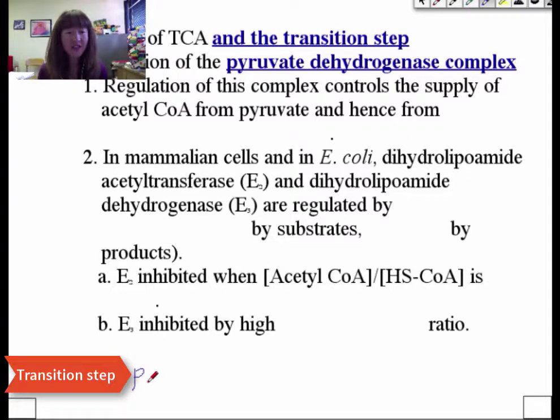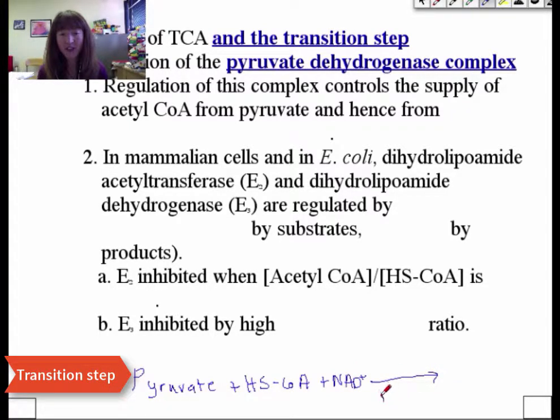recalling that the transition step is the step in which pyruvate is going to be converted to acetyl-CoA, and we'll just go ahead and get all the reactants written in here. So pyruvate plus coenzyme A plus NAD+ will then be converted by the pyruvate dehydrogenase complex.